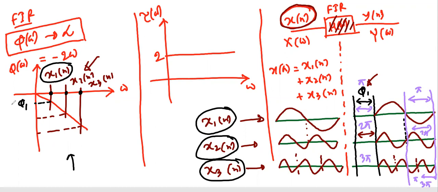So here, on the left side, this is pi, this is twice pi, and this is thrice pi, just to give you the understanding. This is for omega 1, this is for omega 2 from signal x2, and this is for omega 3. We have this kind of phase delay. Probably you can understand the whole scenario here. Any confusion?